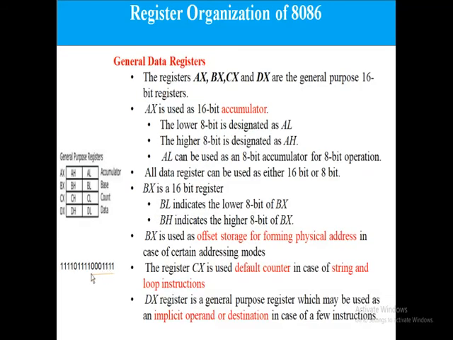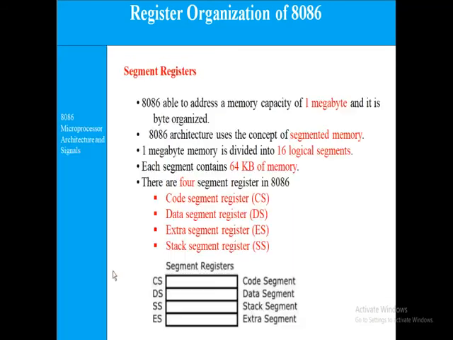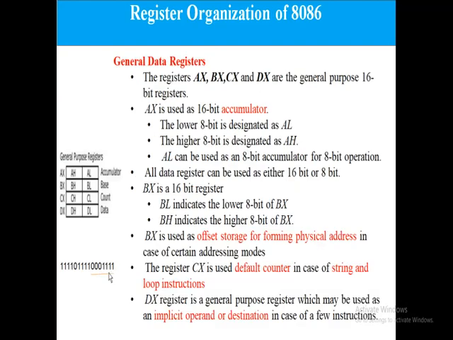In this 16-bit register, the lower 8 bits are the AL register, that is lower order. L indicates the lower order byte of the accumulator. And here the higher order 8 bits are known as the AH register.